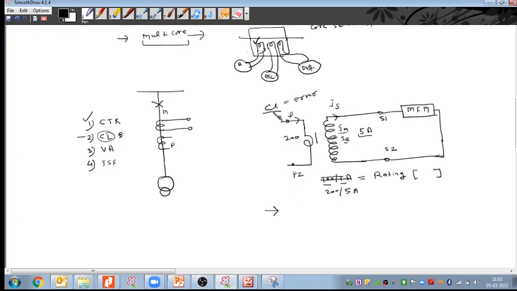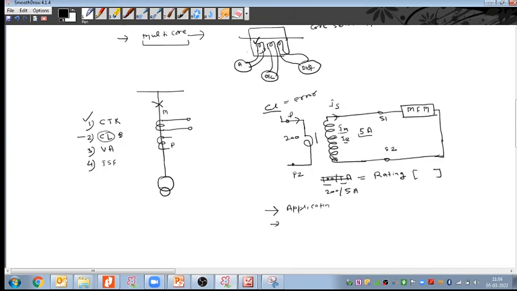The actual accuracy class selection will depend on the application of the CT, where I am going to connect it. If I am connecting this CT for revenue metering, for tariff metering, for power generation metering, for power selling purpose metering, in that case we need to select the higher accuracy CT.